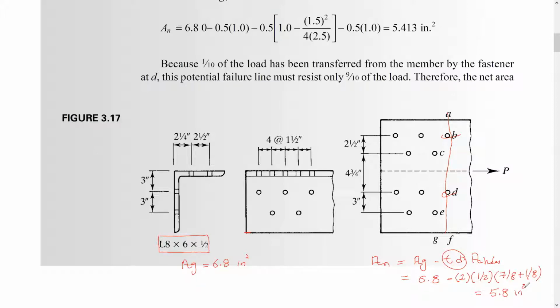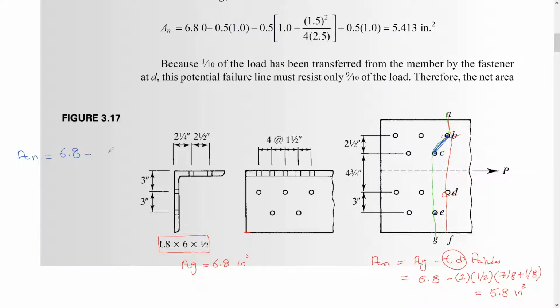What if we check the second path, which is A, B, C, E, G? In this case, the net area is going to be the gross area, which is 6.8, minus. How many bolts do we have in this path? There is 1 here, 2, and 3, and we do have 1 inclined line.